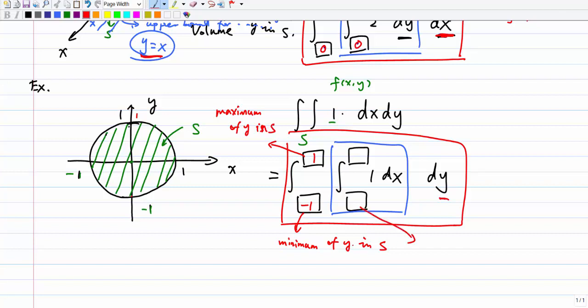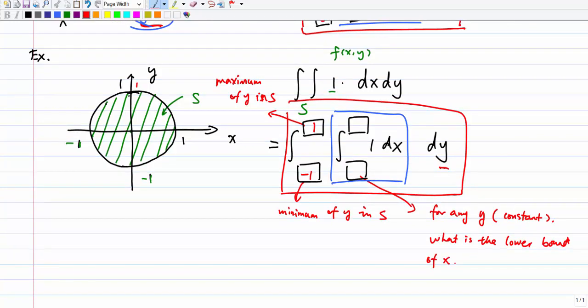Now for the inner integral, for any y, which is a constant, what is the lower bound of x given y?